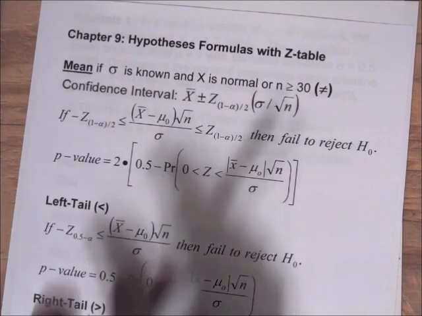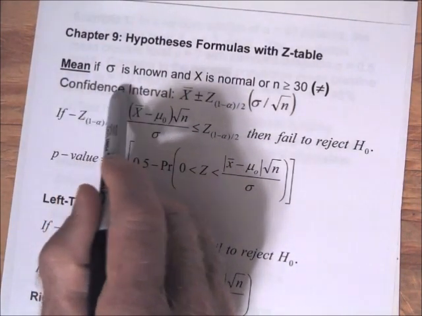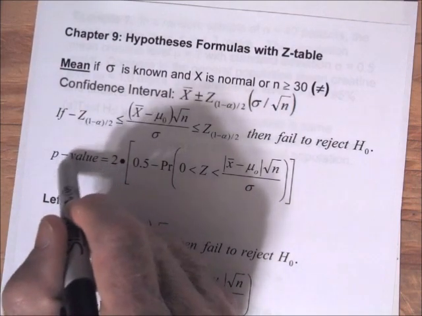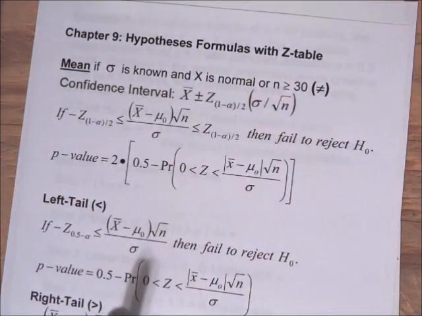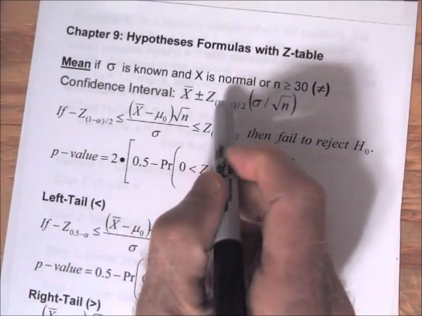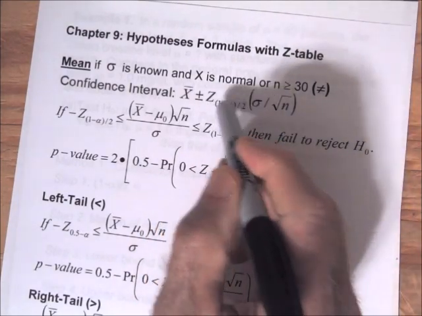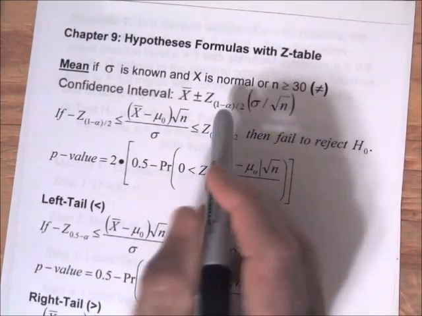We'll start out with the confidence interval method. We have three methods here: the confidence interval, the critical value method, and the p-value method. So the first thing we want to do is find the z-score. We need to look this up in the table.